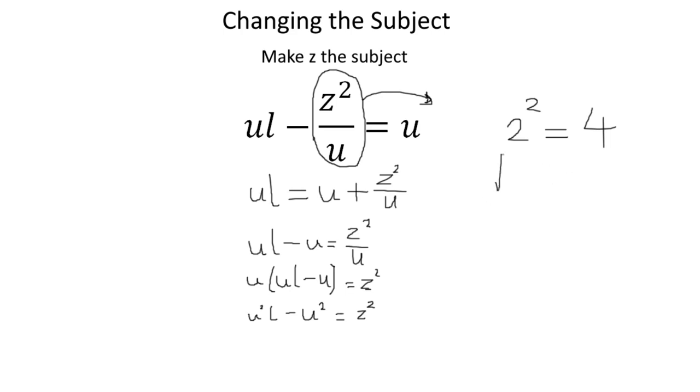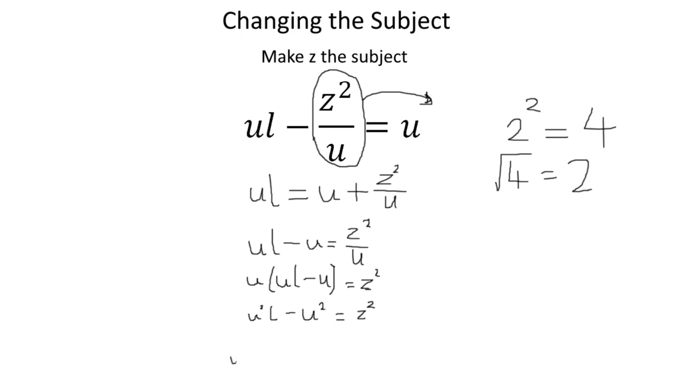So the square root of 4, remember, the square root is the inverse of a square, because the square root of 4 is 2. These two go together. So the square root of 4 equal to 2 is the inverse of 2 squared equal to 4. So you've probably guessed it now. The idea is you have to square root the entire thing on both sides.